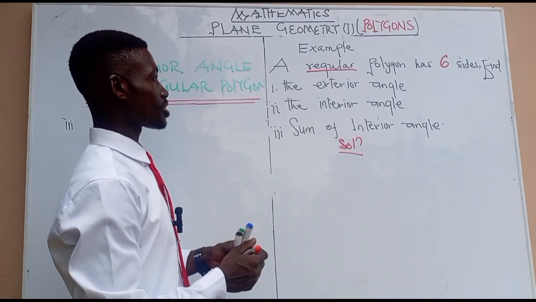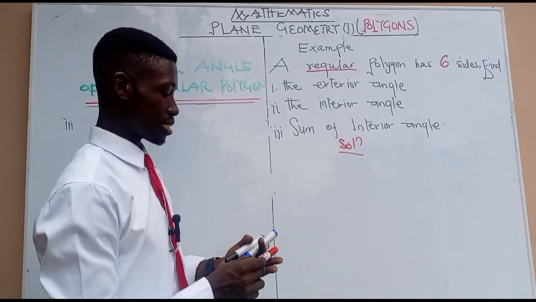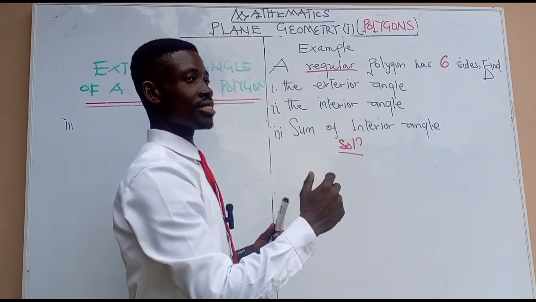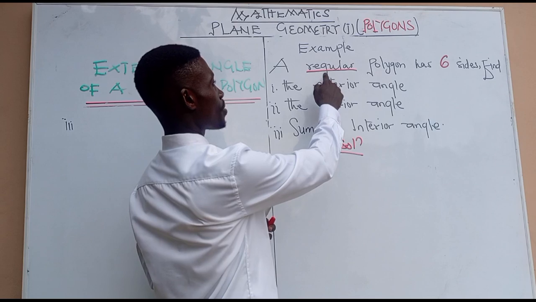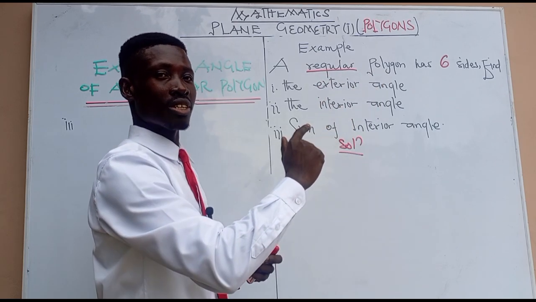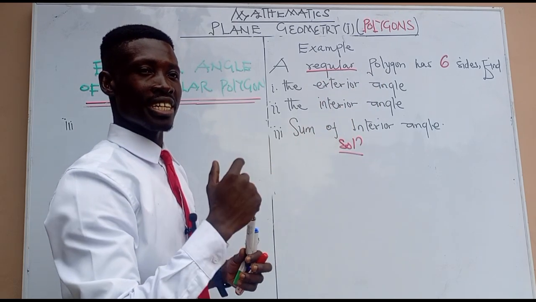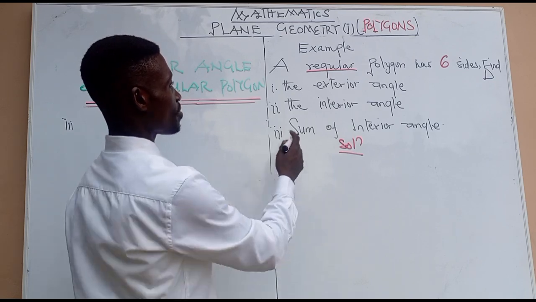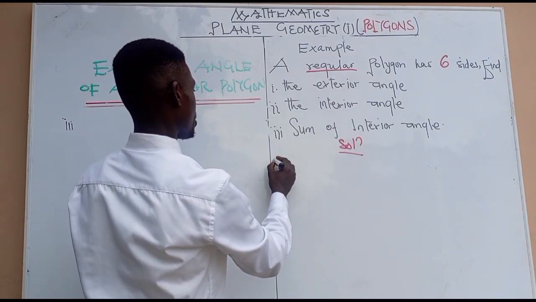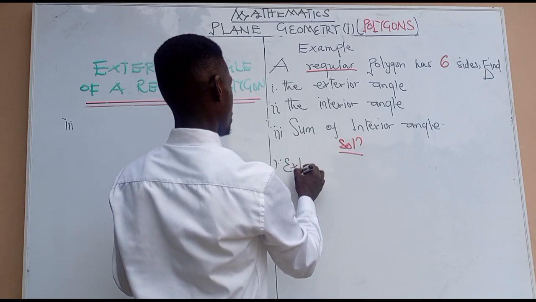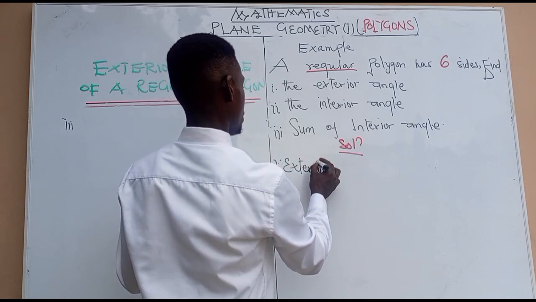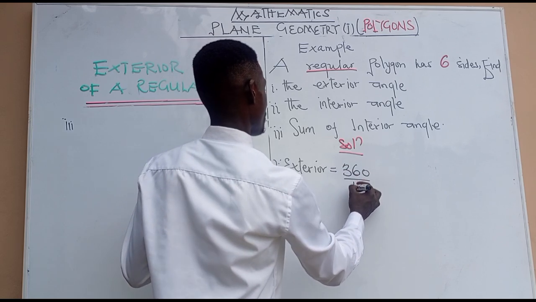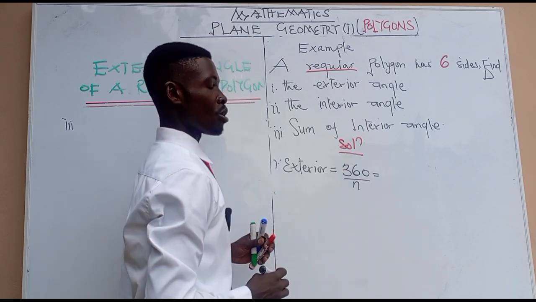Okay, let's try our hands on it to see if you are on the right path. So the first question says we have to find the exterior angle. But the key thing is what? It is a regular polygon. All the sides are equal, the interior angles are equal, the exterior angles are equal. So to find the exterior angle, we are going to use 360 divided by n, where n is the number of sides.